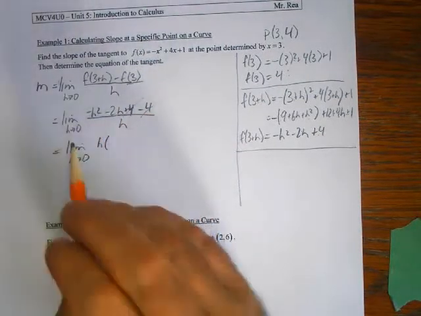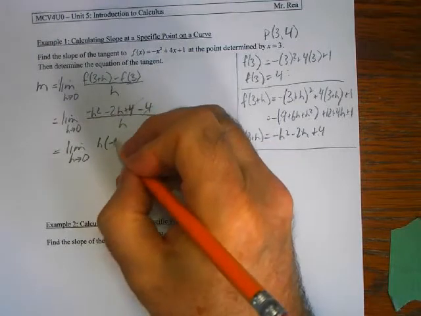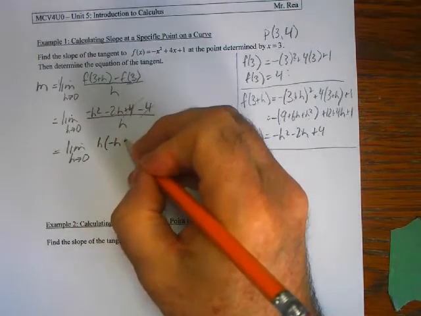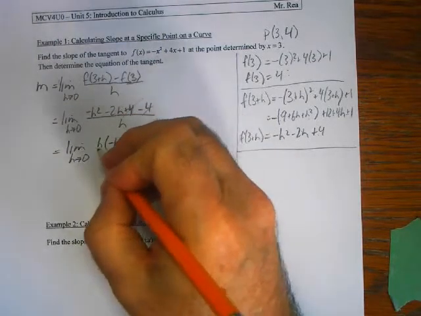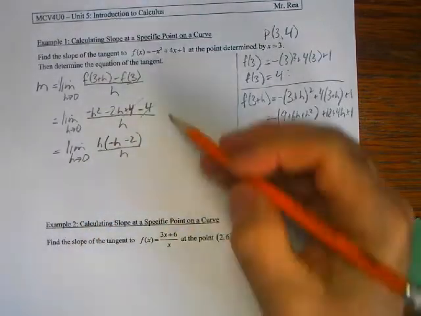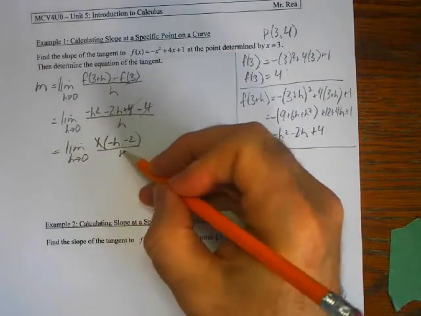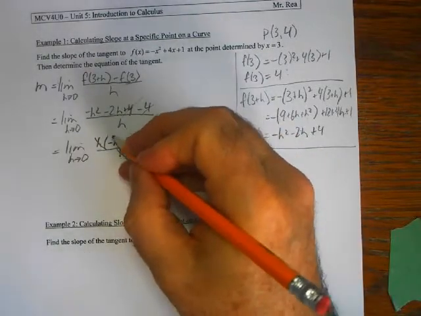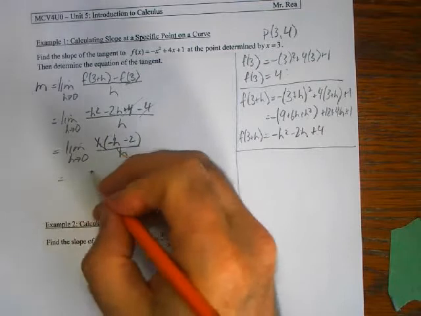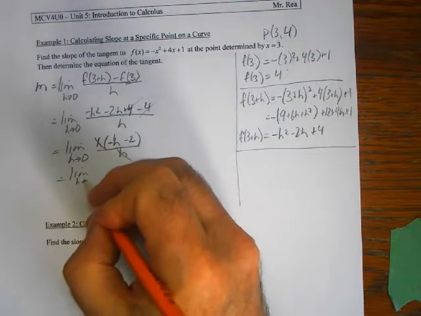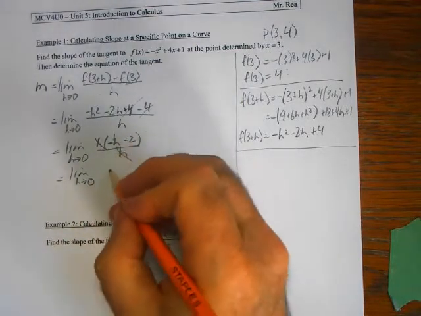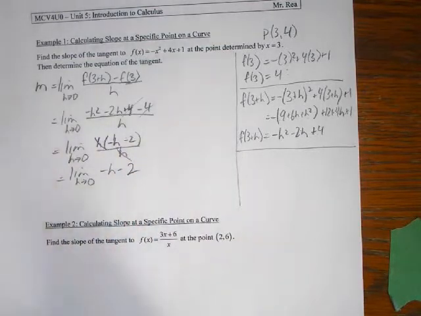If I factor out an h here, I get h times negative h minus 2 over h. So those disappeared, factor an h out, and now you can quite easily see those cancel. Those are h's, by the way. And then I get the limit as h approaches 0 of negative h minus 2.